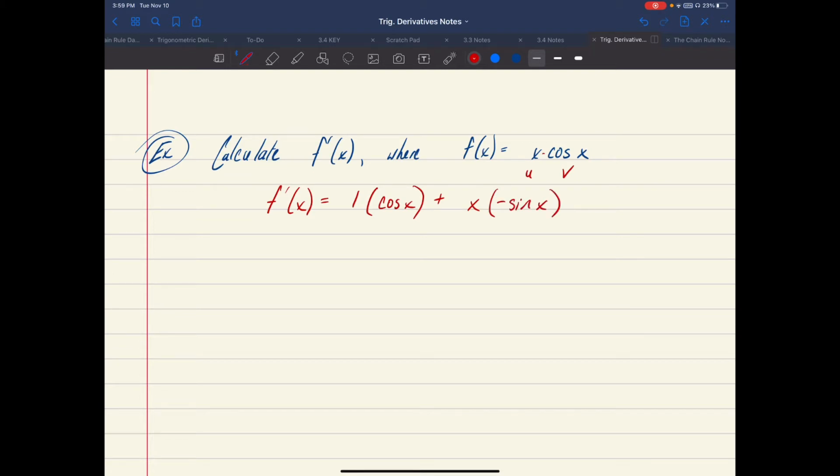I think I switched the order of the product rule, but it doesn't matter. Then we just simplify that. So this will be cosine x minus x sine x. Not a whole lot to it. We just apply the rules.